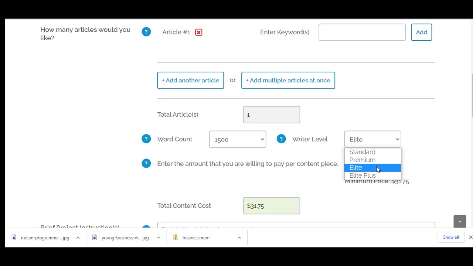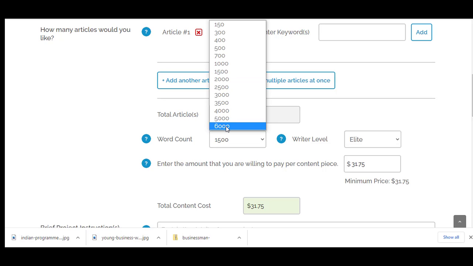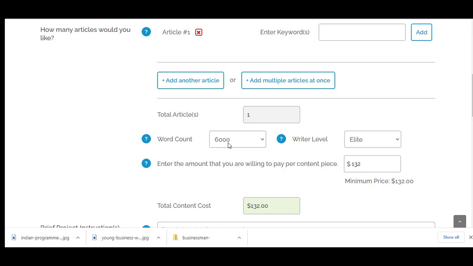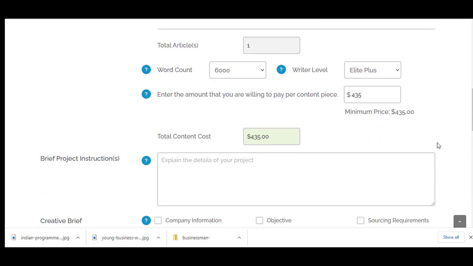I only worked with Premium and Elite, and I was happy with those writers, but I don't know what kind of work you need. But just keep that in mind, because if you want, for example, a 6,000 word article with an elite writer, it would cost $132, while an elite plus would cost almost $435. It's a big difference.